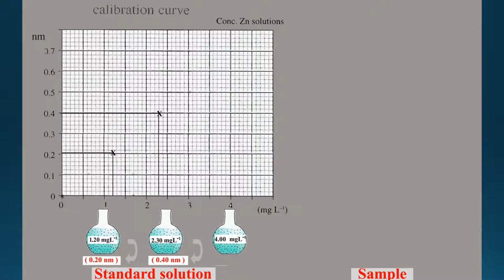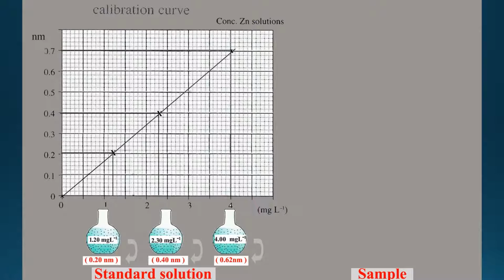So this sample you prepare, you know the concentration, you put it onto the AAS machine, obtain the reading. So now if you link it together, you will have a straight line starting from 0. And now I'm going to use this straight line to do my sample testing.